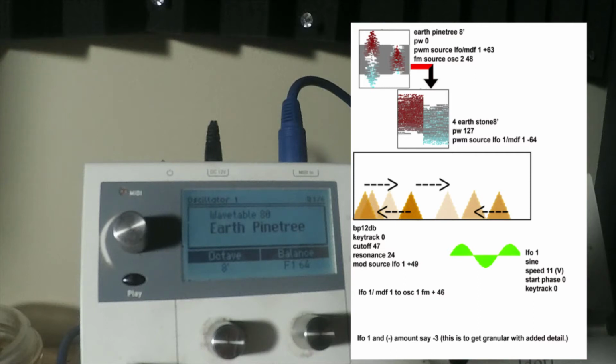Okay, so if you're looking at the diagram, the LFO is going through the entire image. They are both portraits, the entire image. So it's sweeping through Earth Pine Tree. It is sweeping through Earthstone. Earthstone is just up-down. There is no phase.